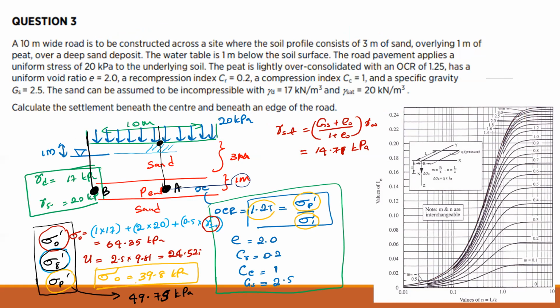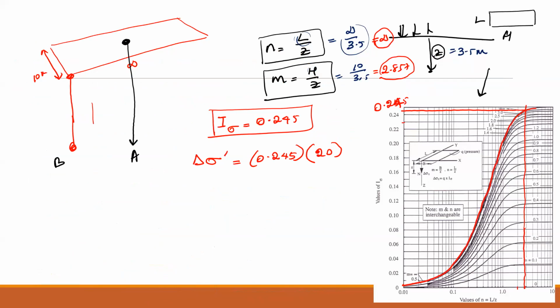Sorry, where did the 20 come from? The 20 is the pressure at the embankment. Not the embankment, it's the road. The pressure from the road, the uniform stress. Yes, it's given. So you can find the stress increase.